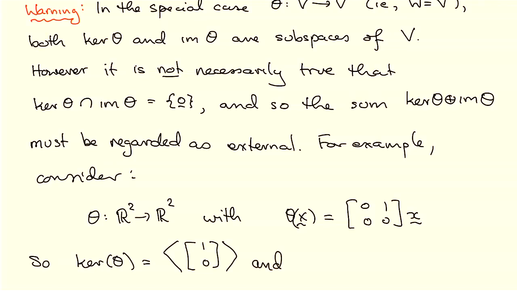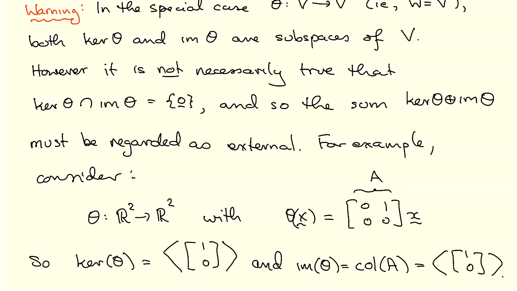And the image is the column space of our matrix, call this A, and that's also spanned by (1, 0). So in this case, certainly the image and the kernel intersect. Well, they're in fact the same.